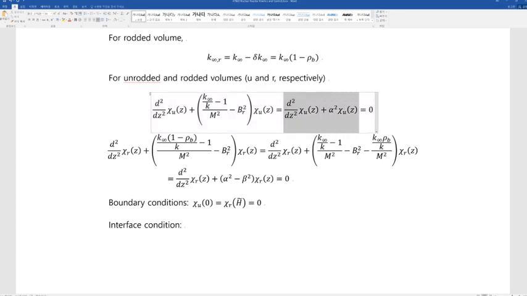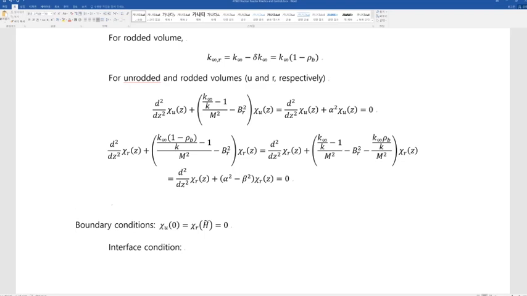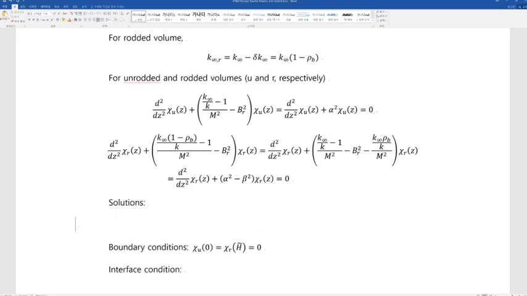So of course, before applying these boundary conditions, let's first talk about solutions. So what would be the solution for chi u?